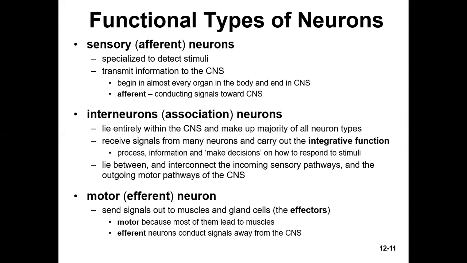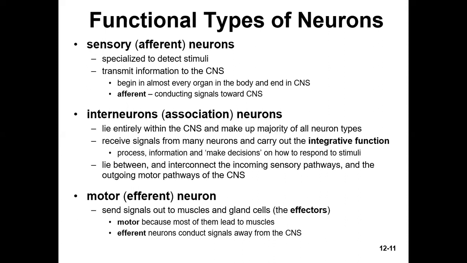A motor neuron or an efferent neuron with an E will send out a signal to a muscle or a gland or an effector. It's called a motor neuron most of the time because it will have an impact on the muscle. Now, this could be skeletal, this could be cardiac, this could be smooth.